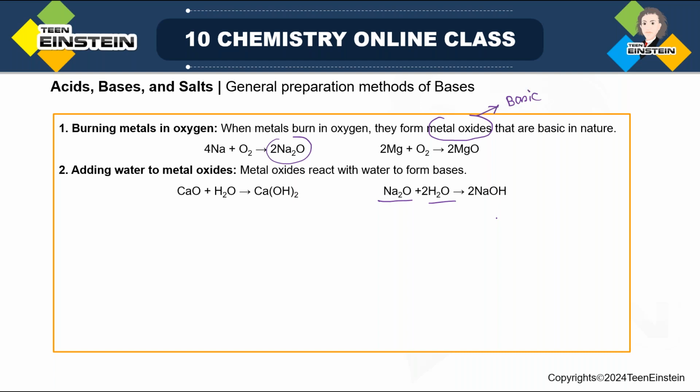Similarly, if you start with another metal oxide, calcium oxide, then there will be formation of calcium hydroxide. These metal oxides are solid compounds, and you can wonder how they can be base. But when they react with water, ultimately they form a base, where you can see hydroxyl ions, right?